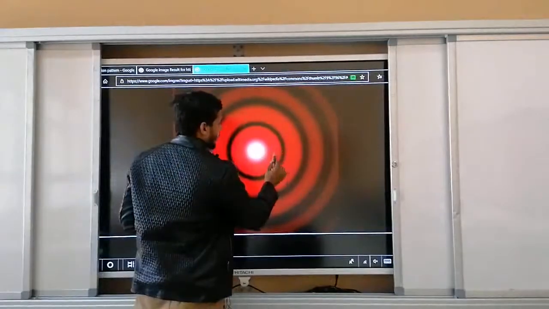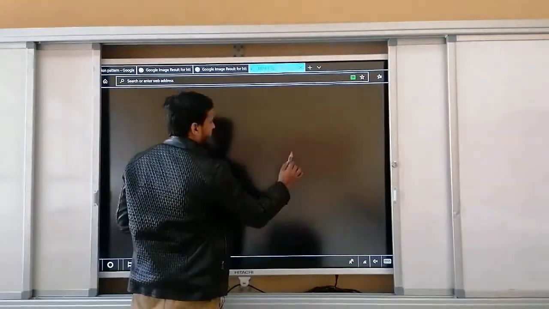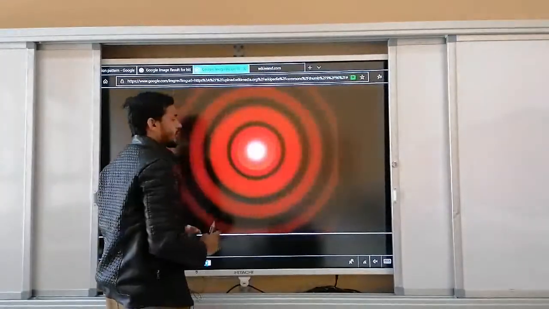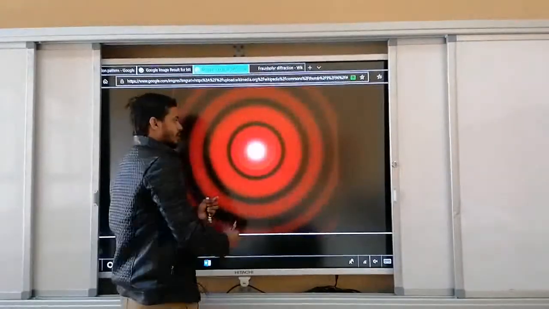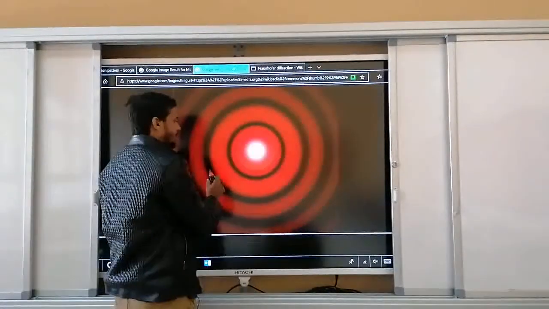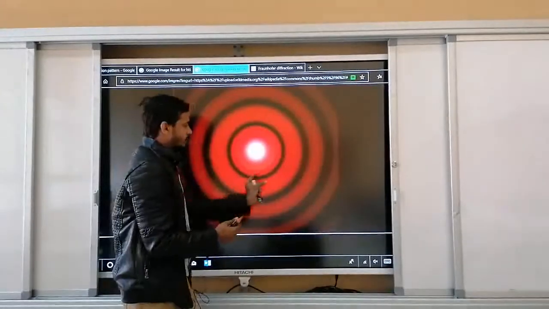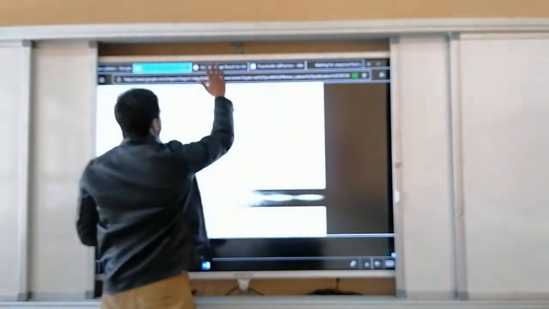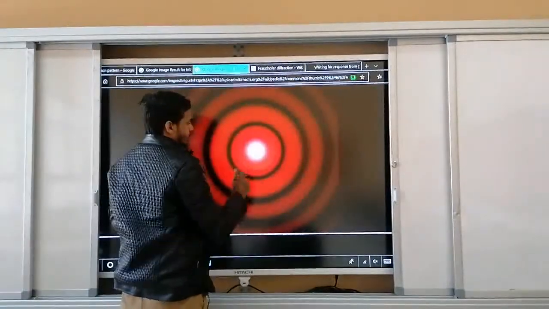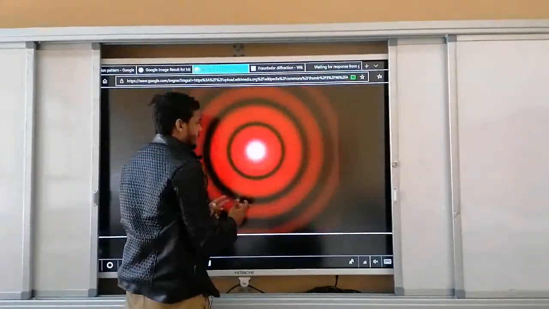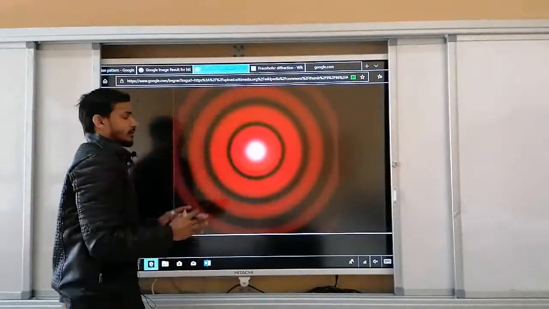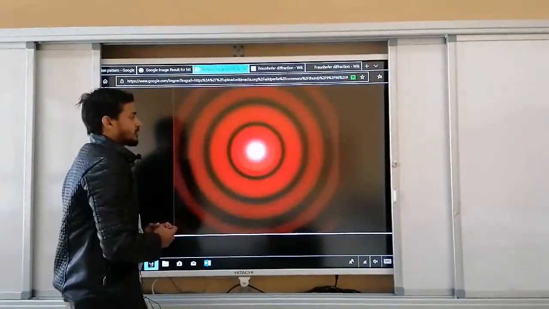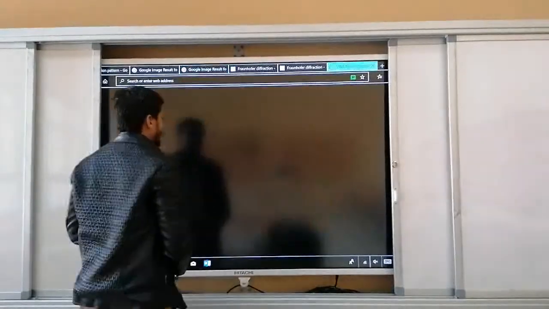Here the intensity is maximum, here it is minimum, again here it is minimum. The sizes of the dark and bright rings are different. This one is wider, the dark ring is smaller. And the central bright point is the brightest point in the whole pattern. So this is the diffraction pattern.